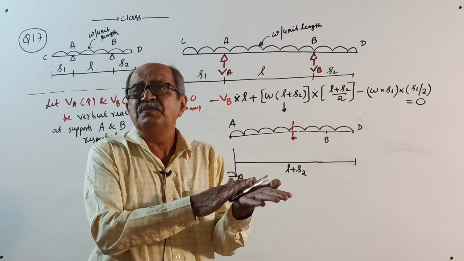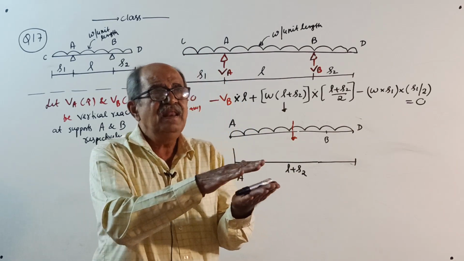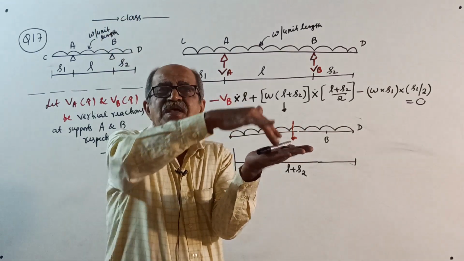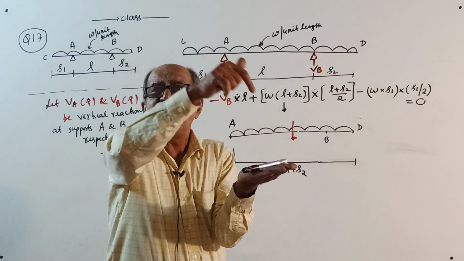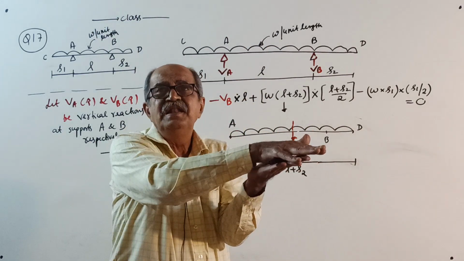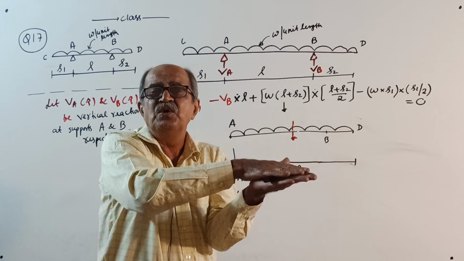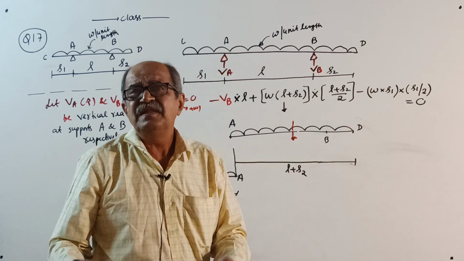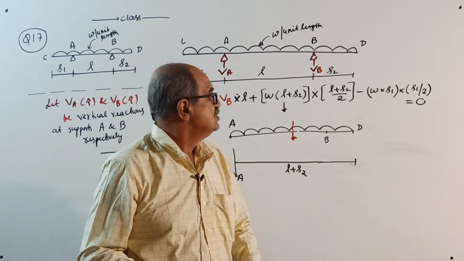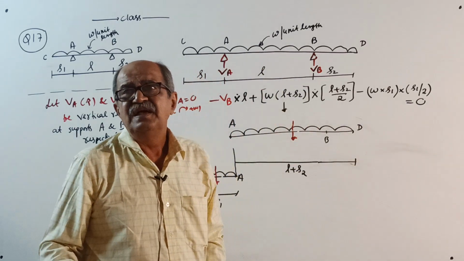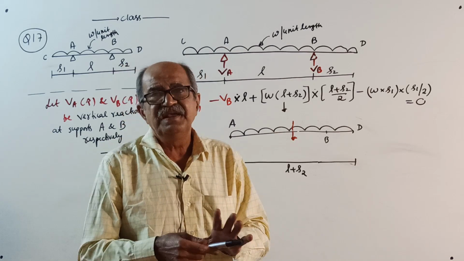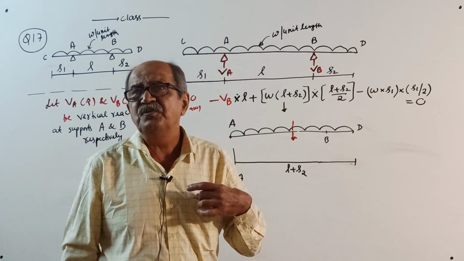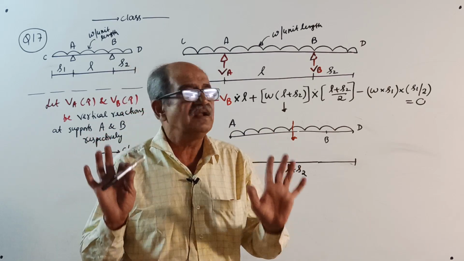Or if roller support is there, then there should be some arrangement which will prevent the lifting, means in the base plate or you provide anchor bolt. In bridges, some sliding support with the proper connection. That all you decide in structural design part. So in our class, we will discuss whether reaction is upward or downward, that's all. Whether downward is possible or not, we are not bothered here.